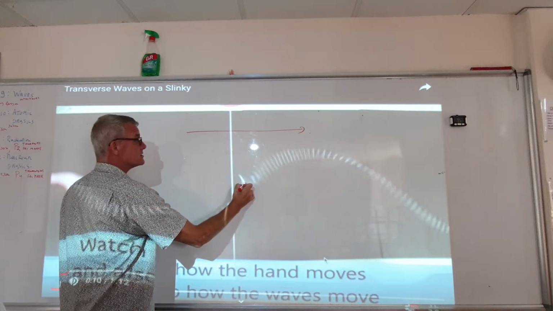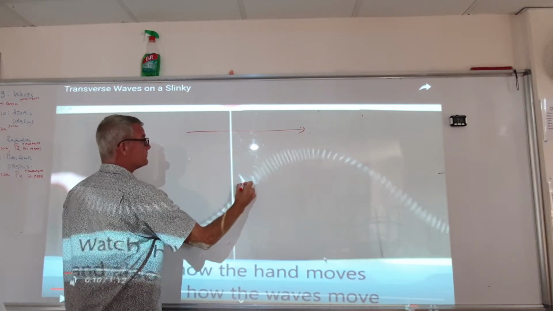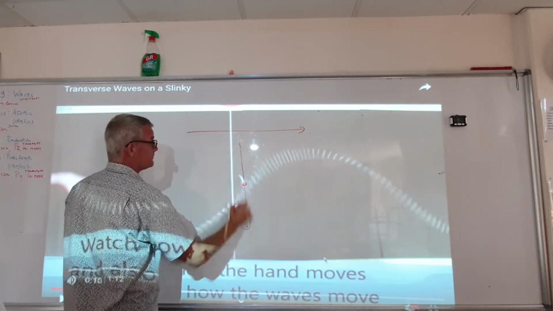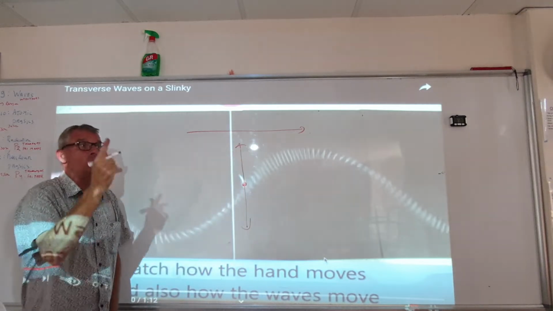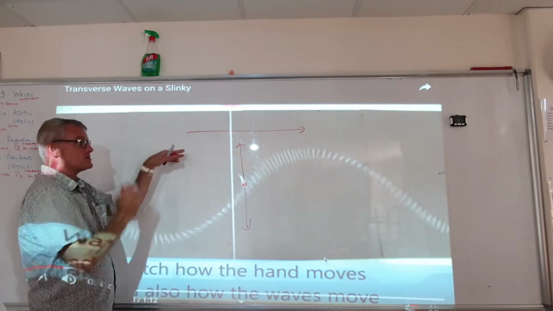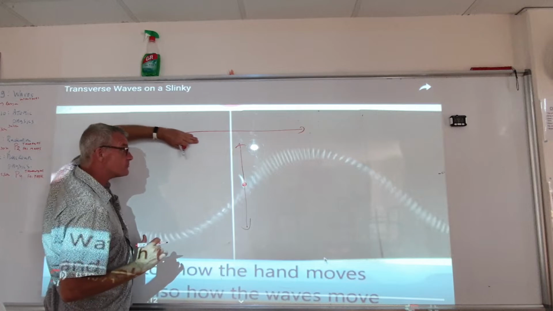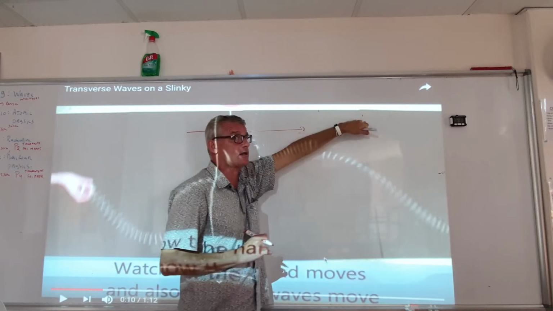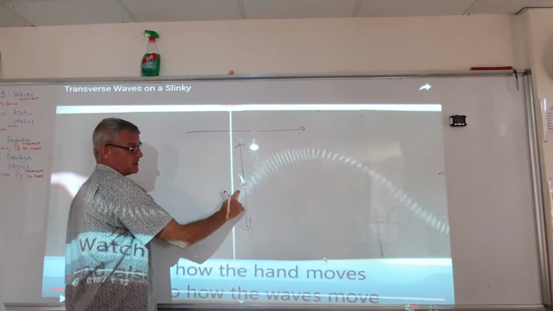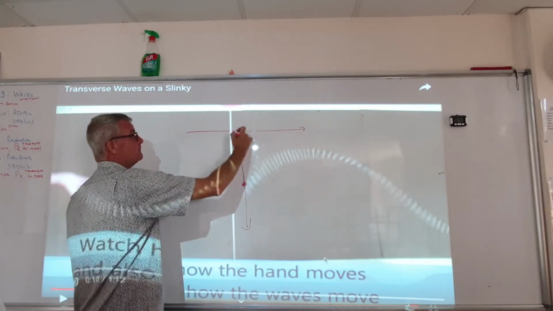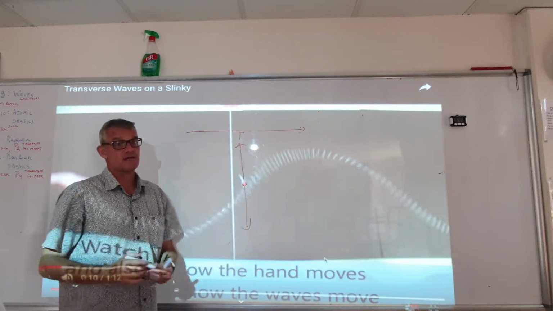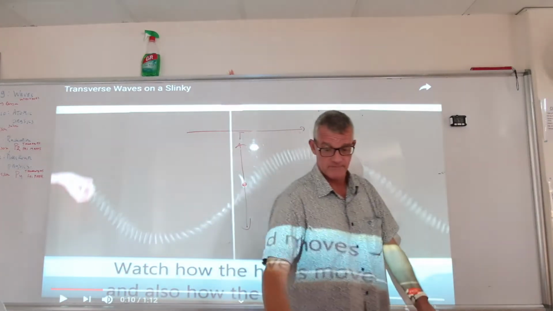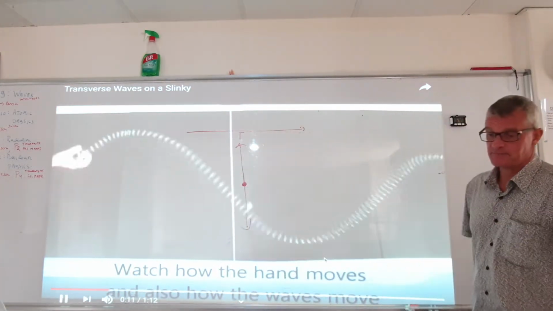And look at this particle here. Again, look at this wave and see how the wave progresses in this direction. But the particle is moving up and down, 90 degrees to the wave propagation.